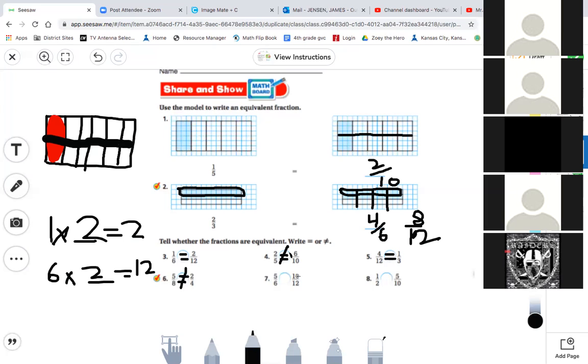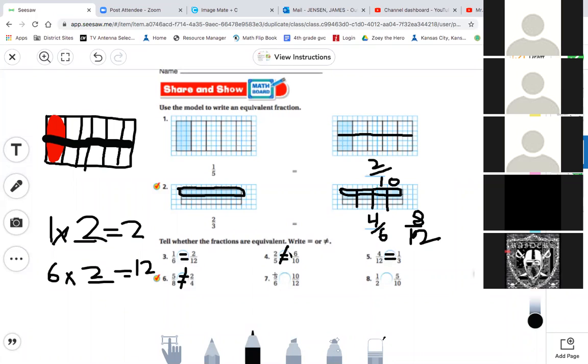What about 5/6 and 10/12? Can you multiply 5 and 6 by the same number and get these two numbers? Let's ask Donald. Donald, 5 times what equals 10? What do you multiply 5 by to get 10? 2.